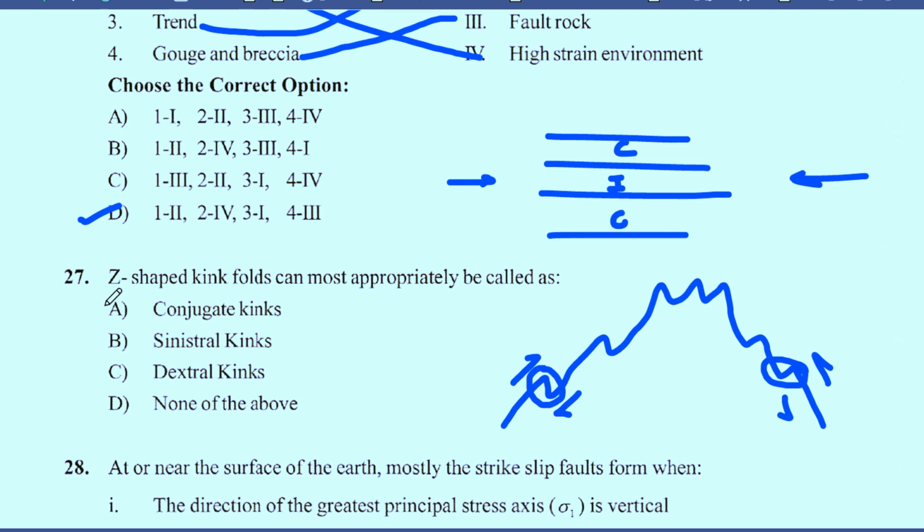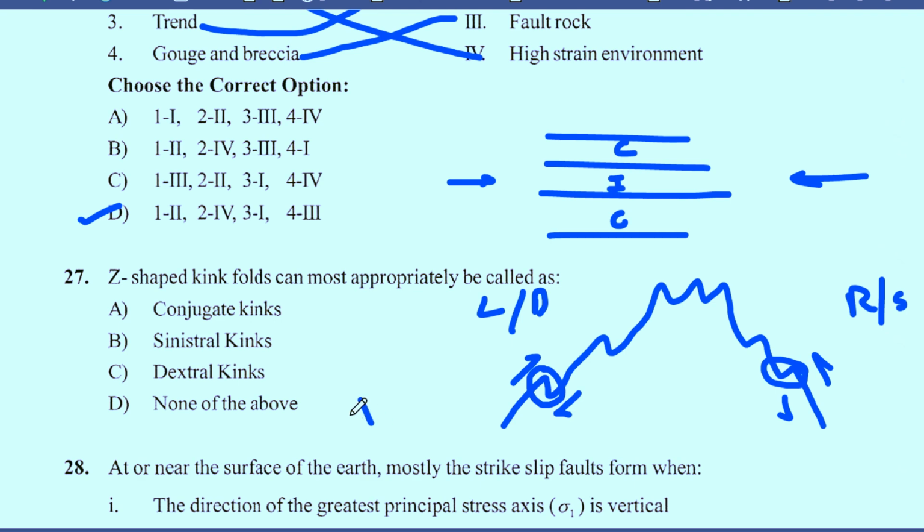And they are talking about Z. This is our right side, this is our left side. On the left side dextral will form, and on the right side sinistral will form. How will we remember this?